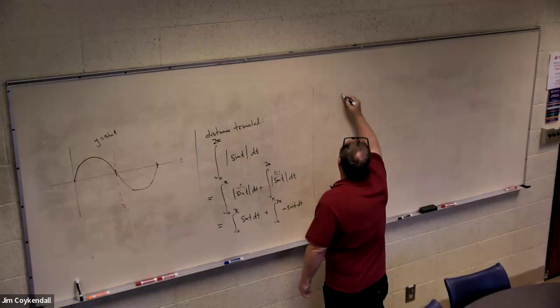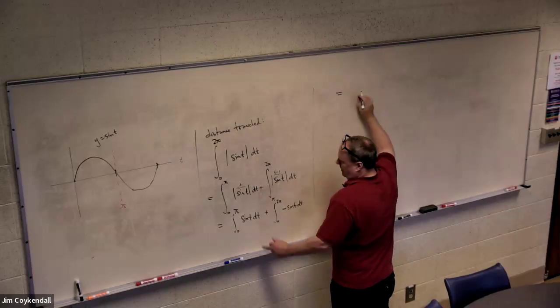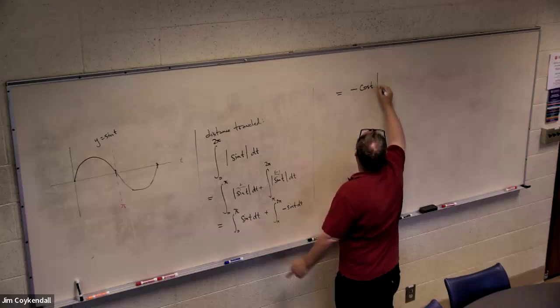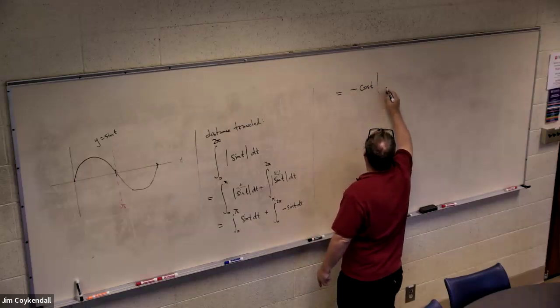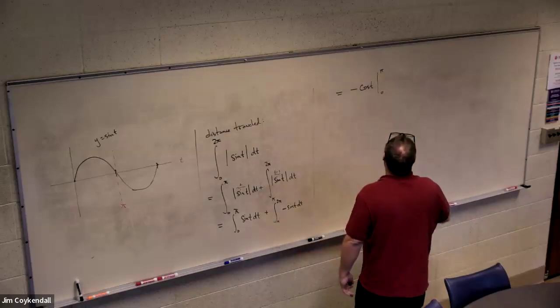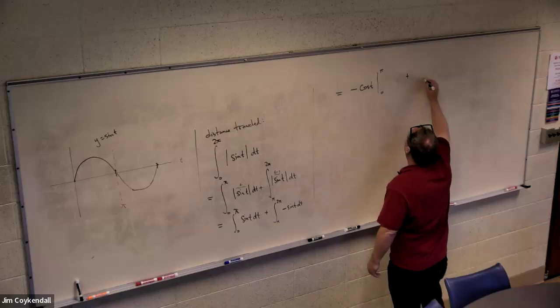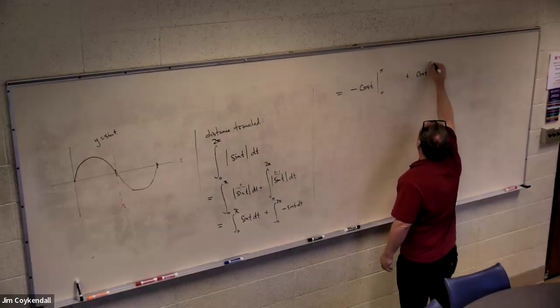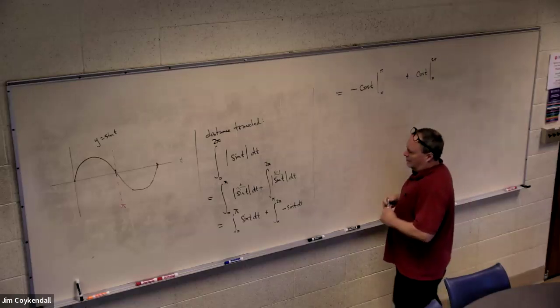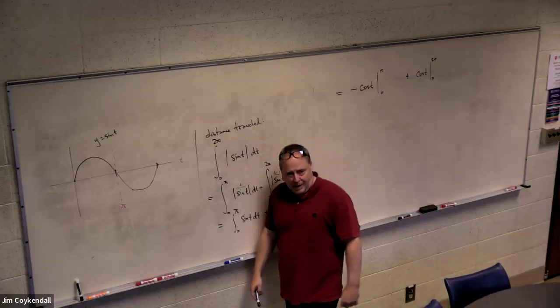So this first antiderivative of sine is minus cosine, evaluated from 0 to pi, plus cosine t evaluated from pi to 2 pi, since the antiderivative of negative sine is positive cosine.